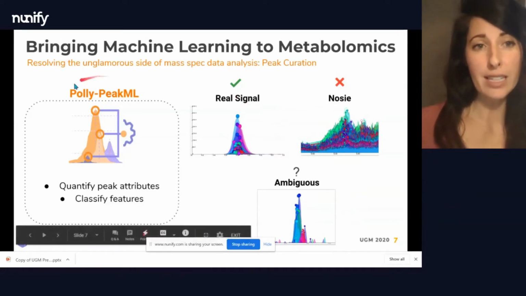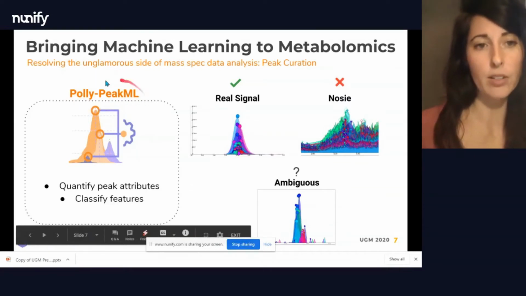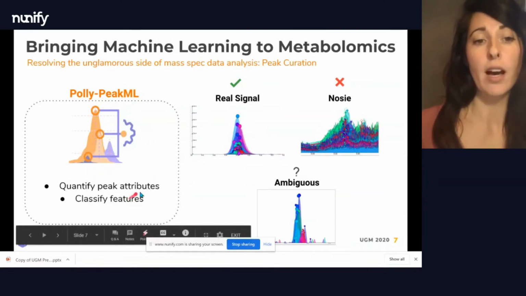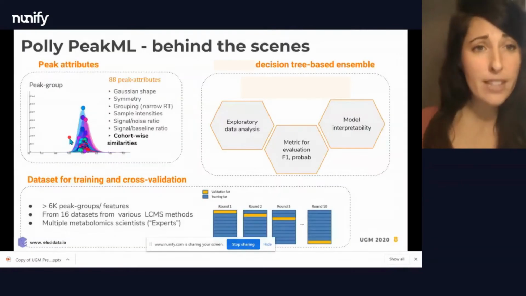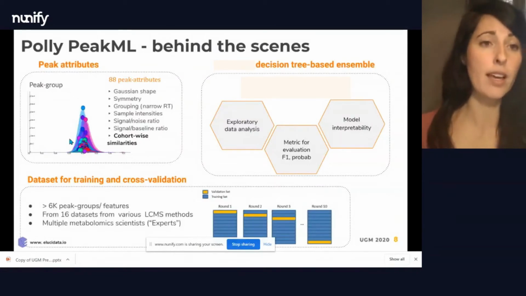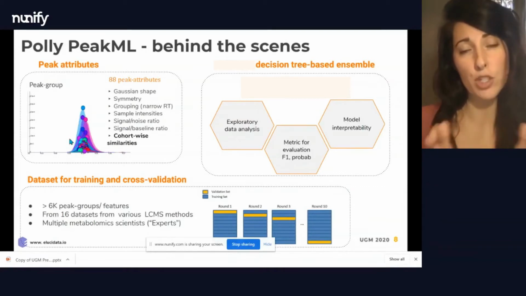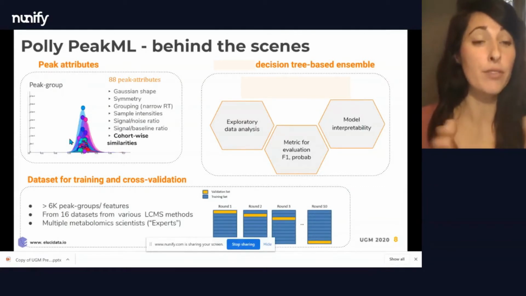So the Elucidata team wanted to develop this, and they're calling it PeakML. Ultimately, what this software is going to do is the peak curation step and classify the features as either good or bad. How we did that was that we needed to come up with a way for the machine learning algorithm to classify the features of a peak.